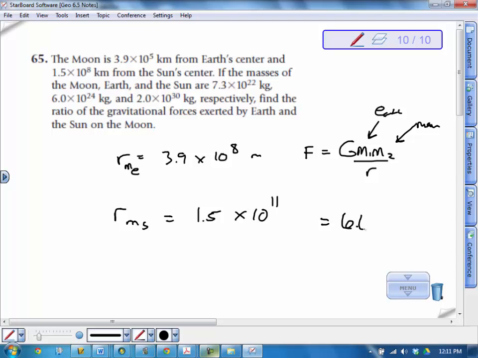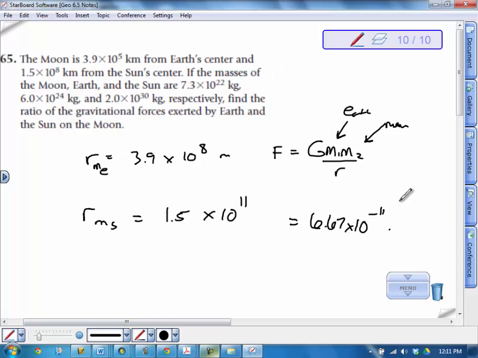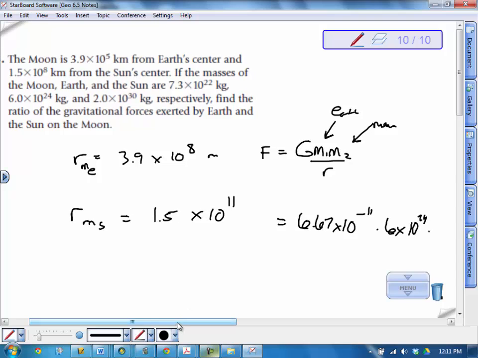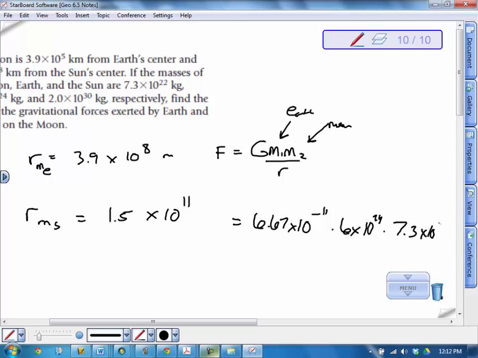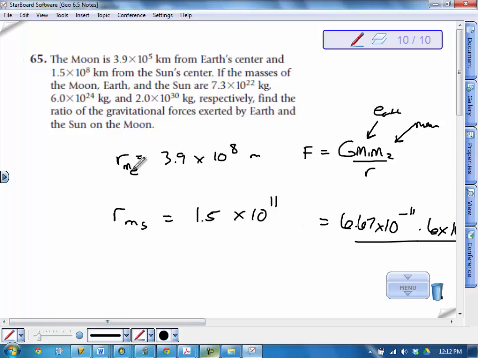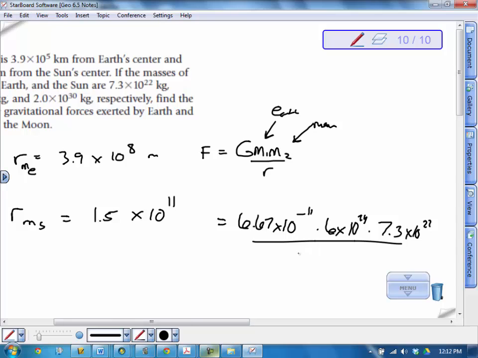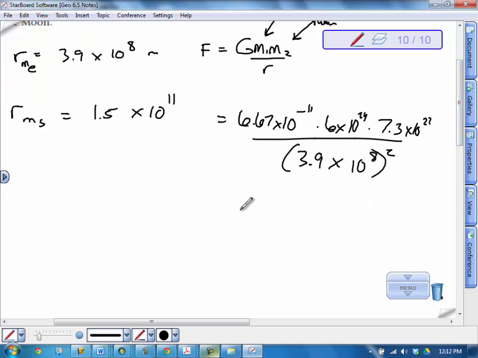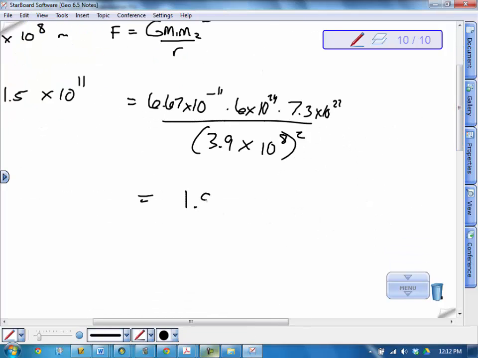So that gives us 6.67 times 10 to the negative 11 times the mass of the Earth, which is 6 times 10 to the 24 kilograms, times the mass of the Moon, which is 7.3 times 10 to the 22 kilograms, all divided by the distance, which I need to be in meters, between the moon and the Earth, which is 3.9 times 10 to the 8, and I do need to square that. So you're going to have to type all this into your calculator, and you should get 1.9 times 10 to the 20 newtons.